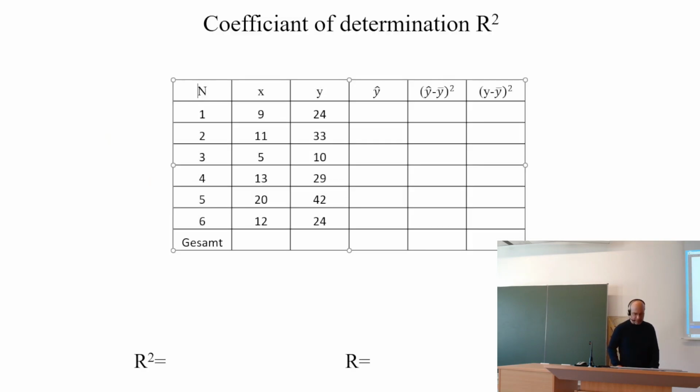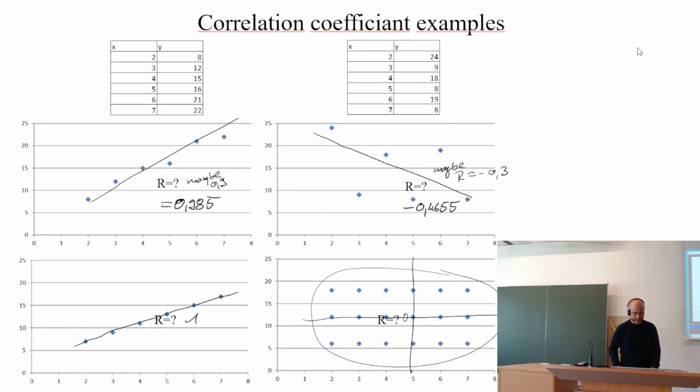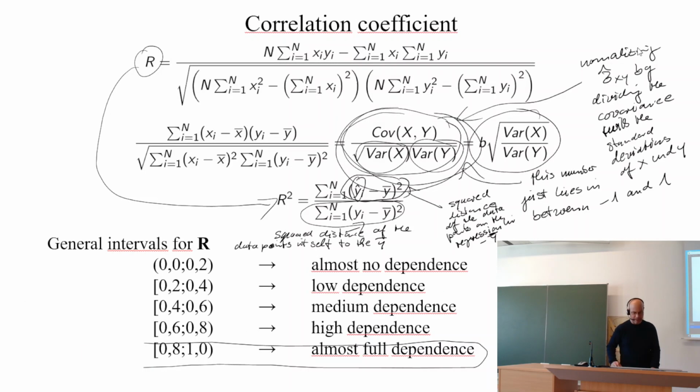Well, if we look at the formula for our correlation coefficient, or my coefficient of determination, which is just the square, not only maybe, it has to be the same, because covariance is symmetric.